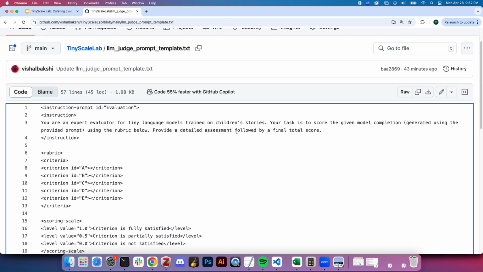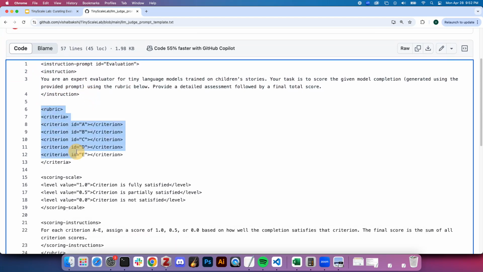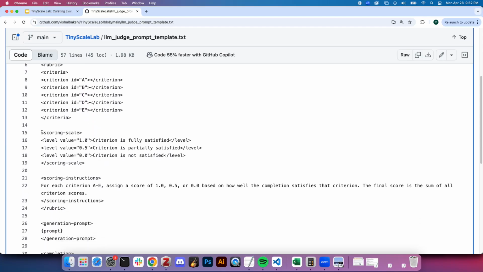Provide a detailed assessment followed by a final total score. So that's the instruction. Then for the rubric, we start by giving the criteria. For grammar, there's 5. For reasoning, there's going to be 1. This is where I will list out the criteria for each scoring category. And then the scoring scale is going to be consistent.